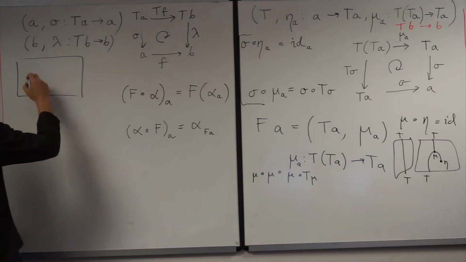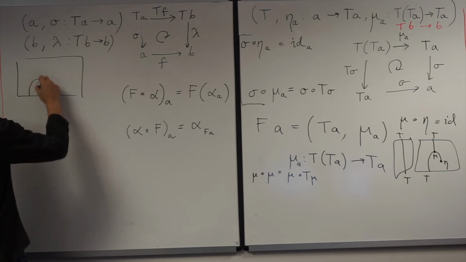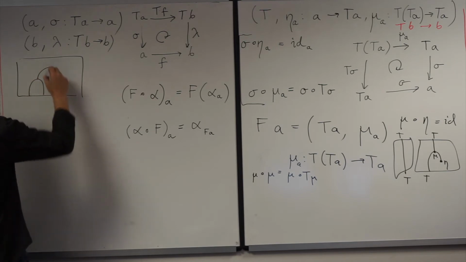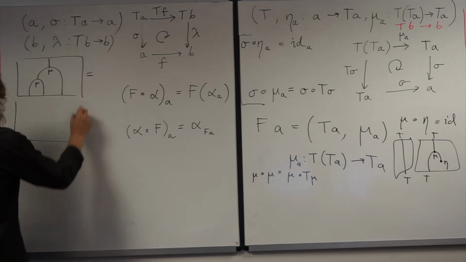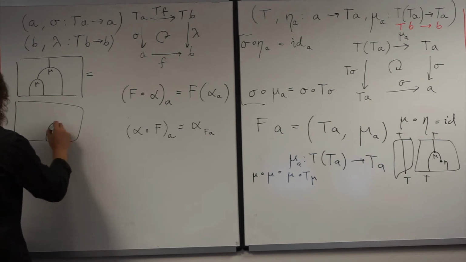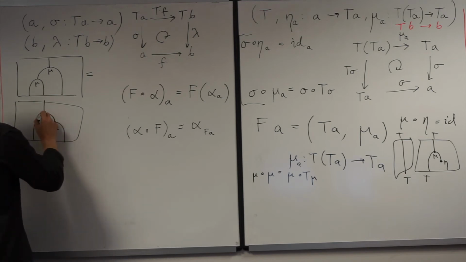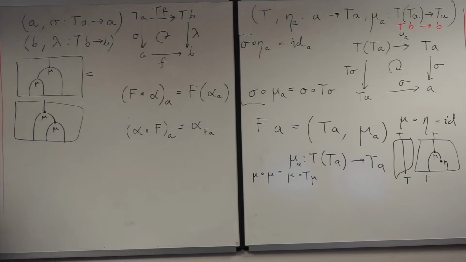We've seen this. Mu is equal to... it's essentially the associativity law for mu. That's the second monad law, that you can associate them differently.